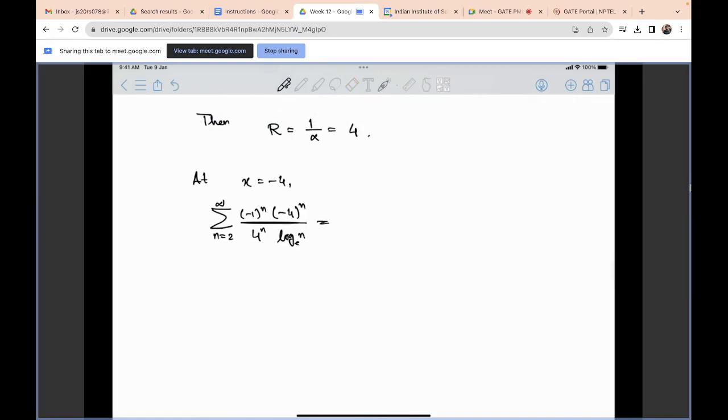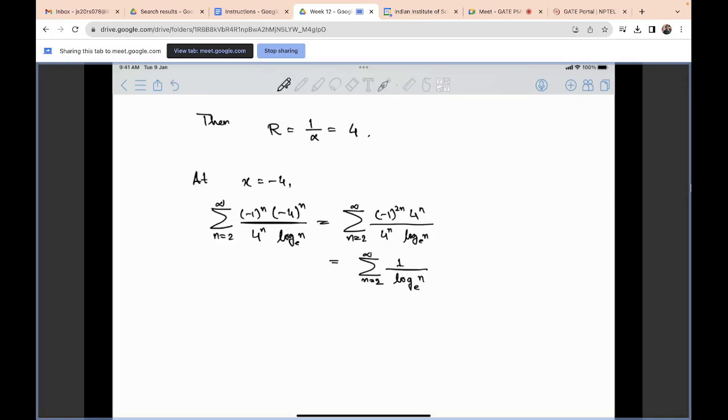If you simplify this, you will get the sum for n equals 2 to infinity of (-1)^(2n) 4^n by 4^n log_e n. If we again simplify, you will get the sum for n equals 2 to infinity of 1 by log_e n.